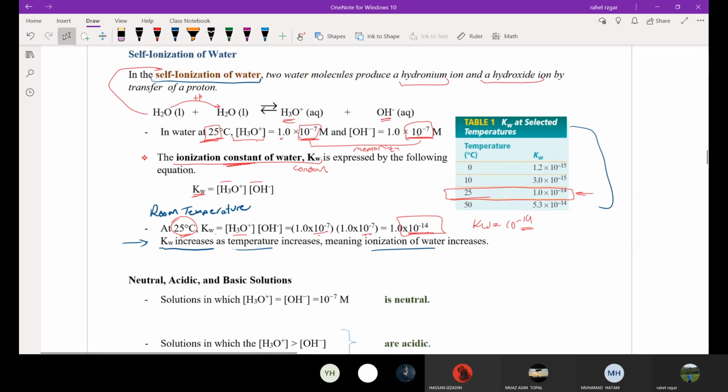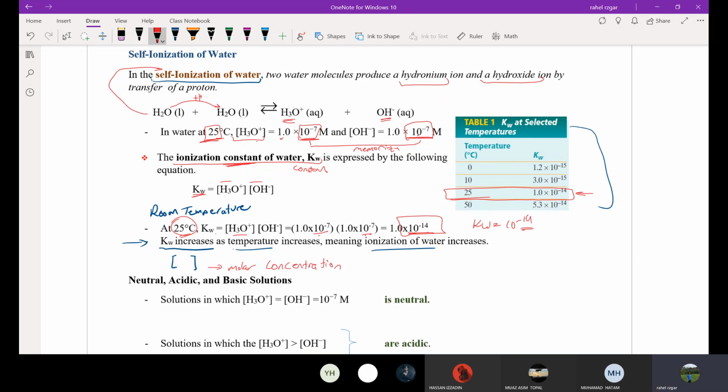Now we can use H3O and OH concentration. Before that, everyone, from now on, whenever you see this bracket, it's very important. This bracket means molar concentration.